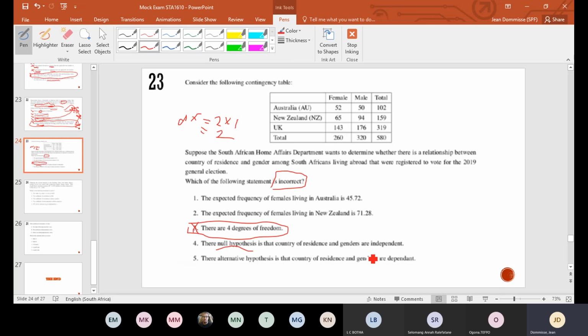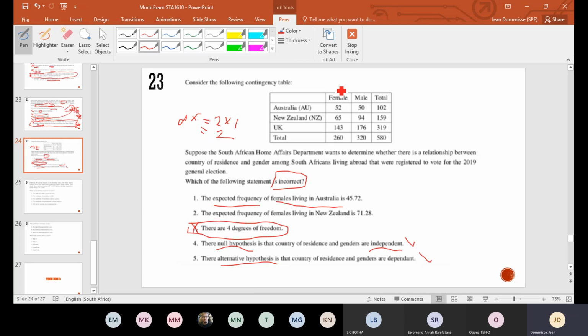Null hypothesis is always the independent one, so that is correct. The alternative hypothesis is always the dependent one, so that one is also correct. How do we work out the expected frequency? Let's look at the expected frequency of females living in Australia.